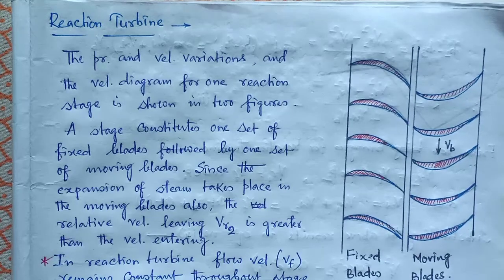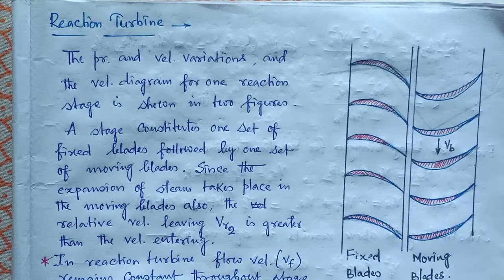Now the impulse reaction turbines, hereafter referred to as reaction turbines, receive their driving force partly as an impulse force and partly as a reaction force. The turbine may be looked upon as a development of pressure compounding.